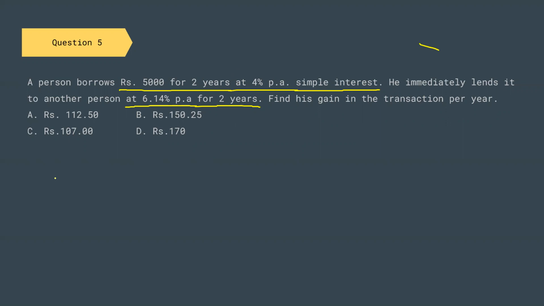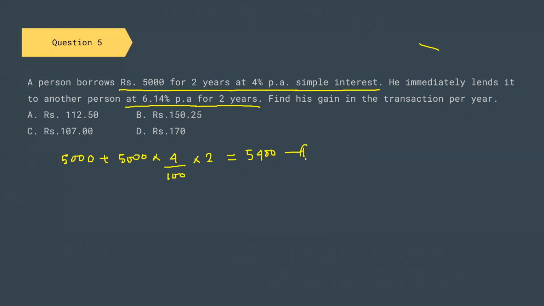So let us first calculate the total amount that the person has to pay. So the amount is 5,000 plus 5,000 into 4 by 100 into 2. So the total amount that the person has to return at the end of 2 years is 5,400.